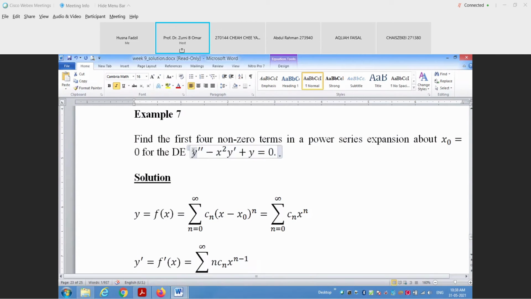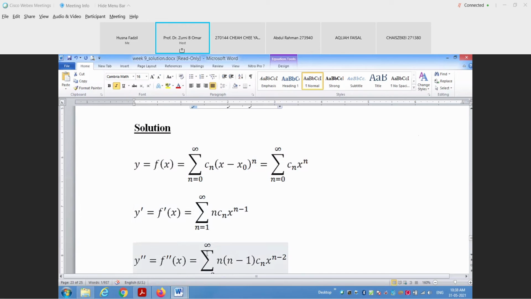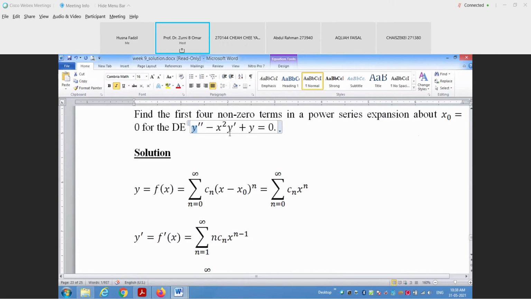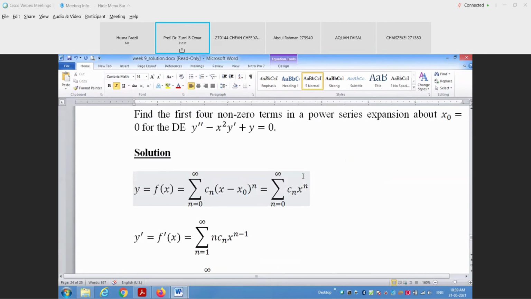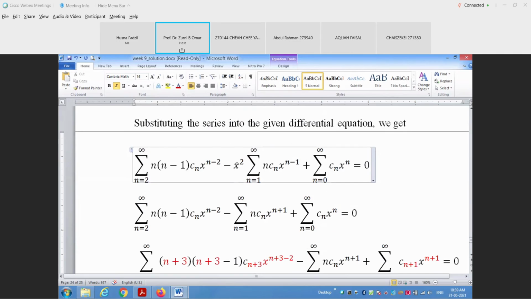You substitute y double prime with this summation, and then y prime with this summation, and y with this summation. Okay, now we get this. The first step: since this is y double prime minus x squared y prime plus y equal to 0, and since we have x squared there, we have to bring this x squared inside these summations.